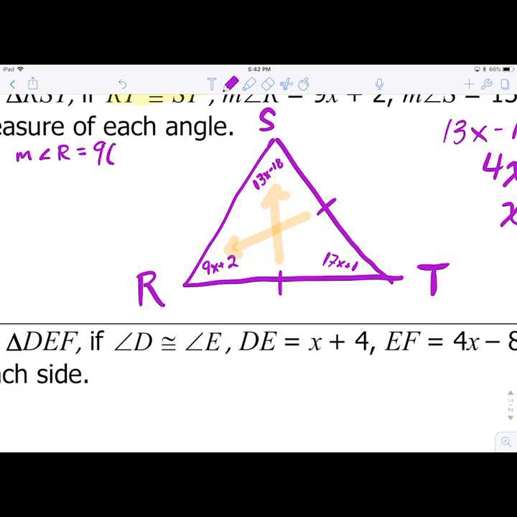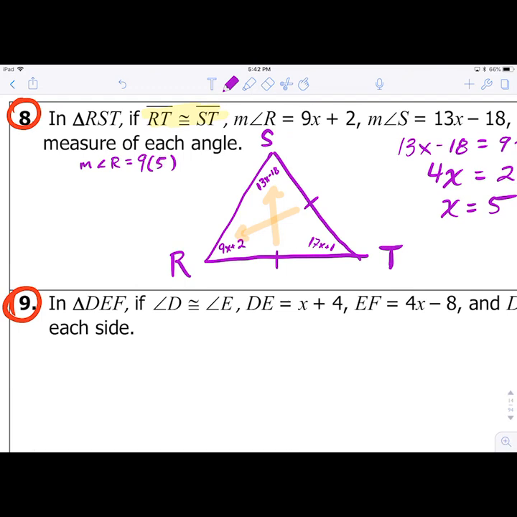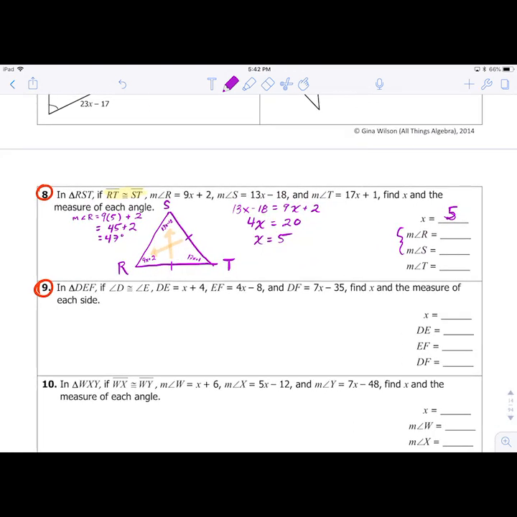9 times whatever x is, which is 5, plus 2. So you have 9 times 5, which is 45. 45 plus 2, that is 47 degrees. So that's 47 degrees. The measure of angle S has to be 47 degrees.